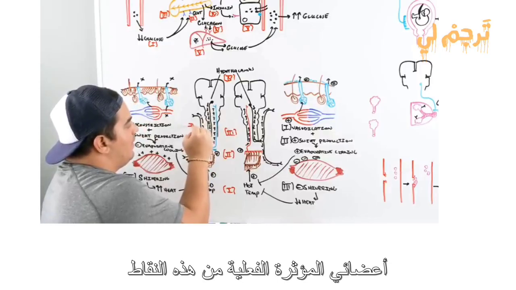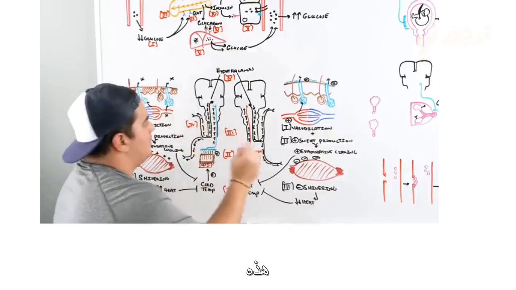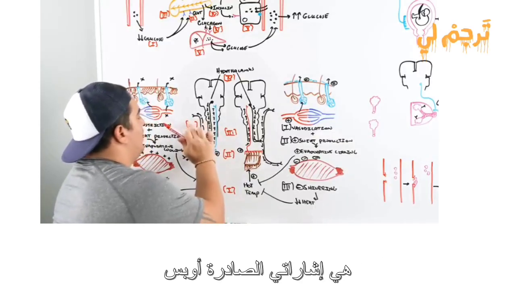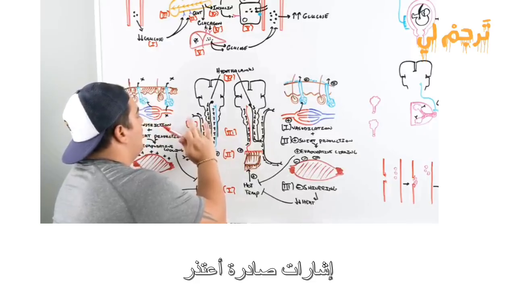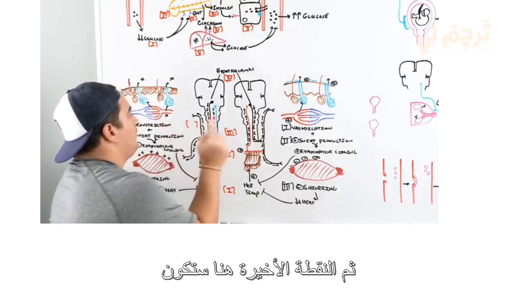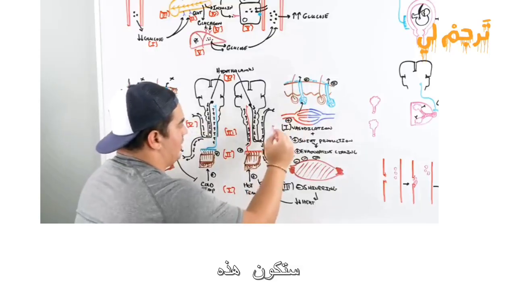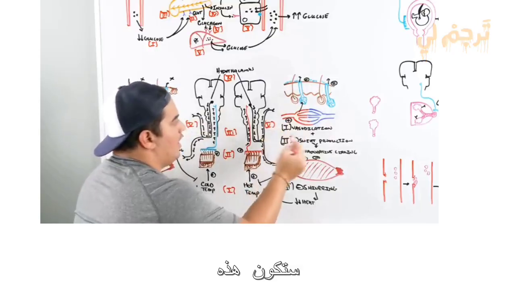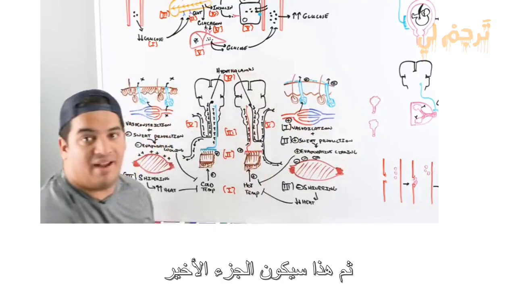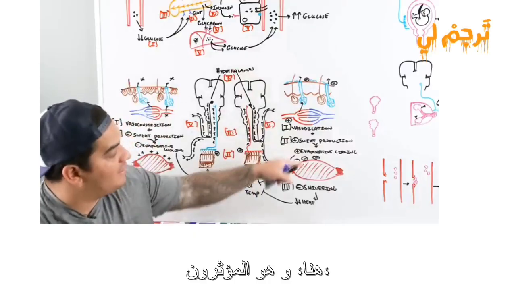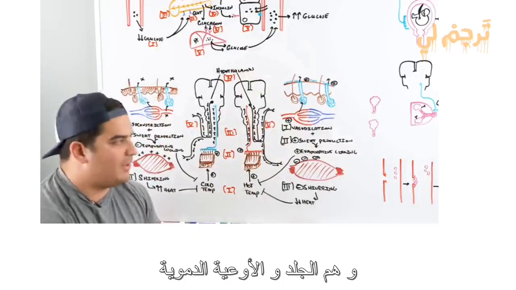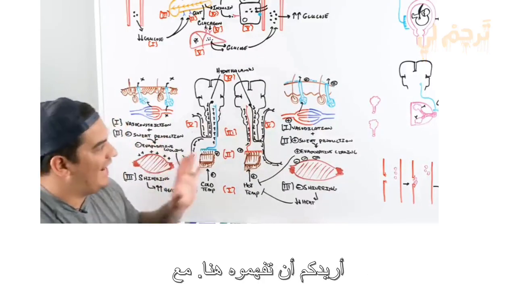And then the last point here is my effectors, which would be the skin, the blood vessels, and the muscles. That's the concept that I want you guys to understand here with the negative feedback system.